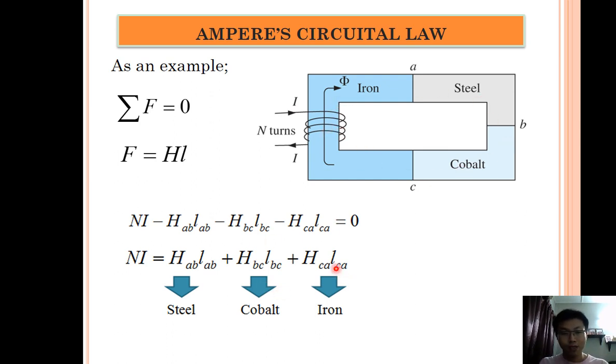Then when we move from the right hand side to the left hand side, we actually find this equation, and this equation reflects the top one. So Ni minus HAB times LAB for the steel, minus HL for the cobalt, minus HL for the iron, must become 0.